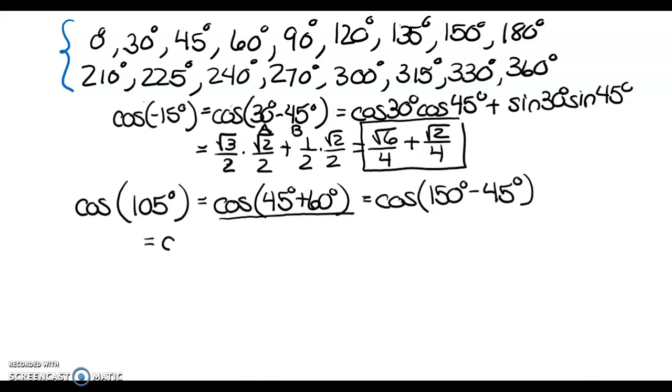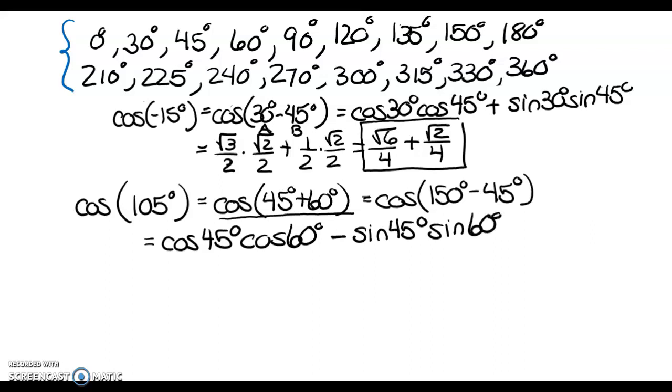So I know this is going to be the cosine of 45 degrees times the cosine of 60 degrees. Since it's a sum, I'm going to use a minus here. Sine of 45 degrees, sine of 60 degrees. And when I simplify these values, I get radical 2 over 2, cosine of 60 is a half, minus radical 2 over 2, sine of 60 is radical 3 over 2.